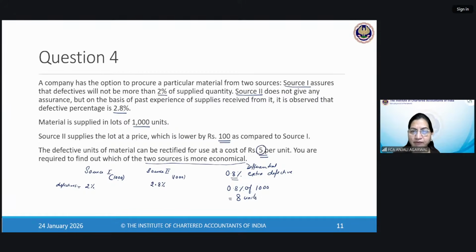And the cost of rectifying this will cost you 8 into 5 rupee per unit, that is 40. So you are incurring a cost of 40 extra, but you are getting a discount of 100 from source 2. So therefore, it is justified to place the order with source 2.